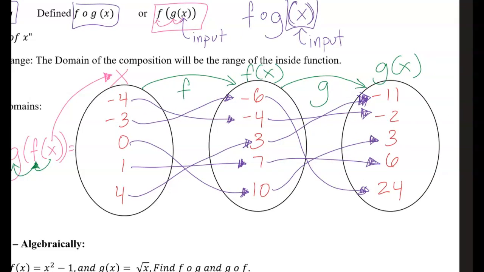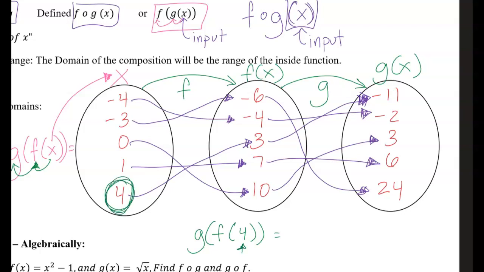So in this example, let's ask the question, what is g of f of 4? So remember, the innermost parentheses is your initial input. So in the leftmost oval, we are inputting 4.